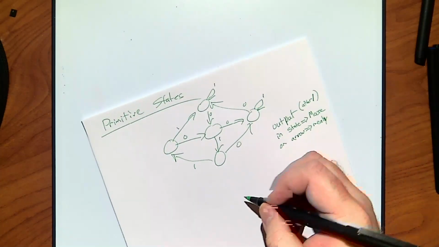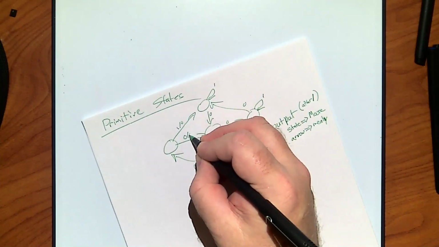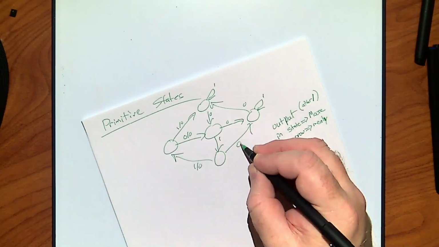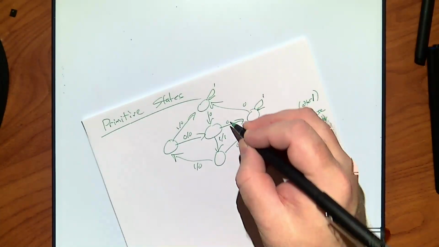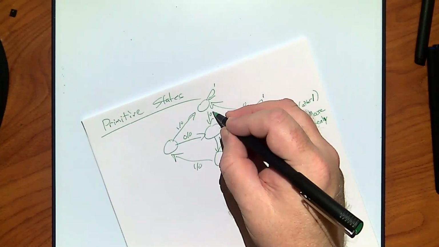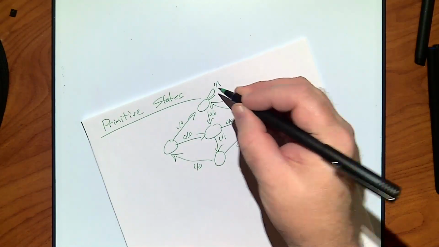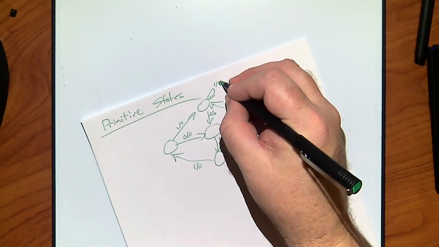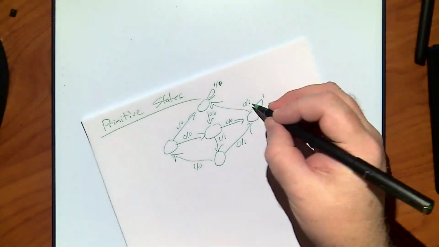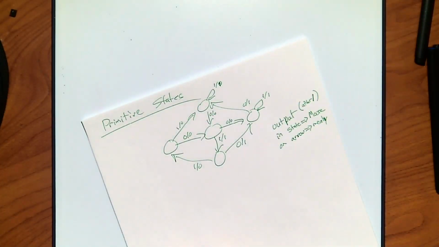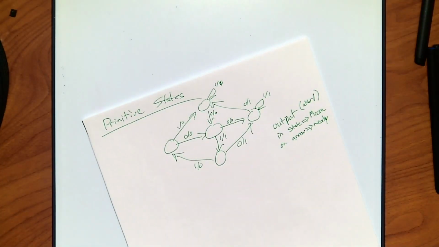So if, for instance, you saw here, yeah, I'll just make it 0 there. Whatever, right? You see the slash on the arrows? You can instantly tell me what type of machine is that? Mealy.